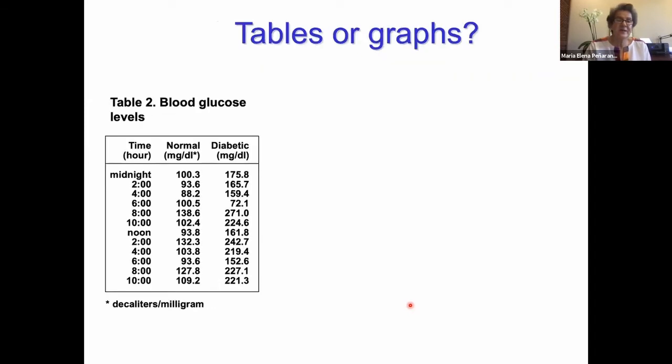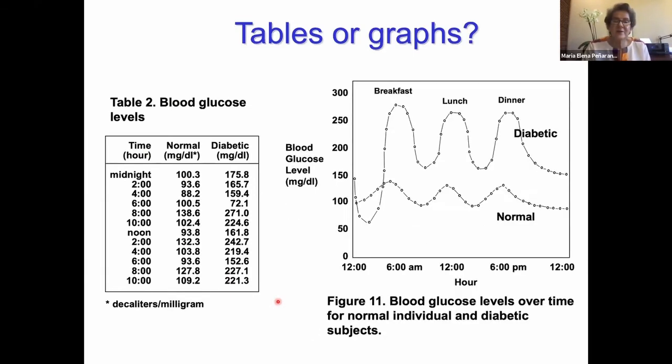So this is a table that has the time the sample was taken, the normal blood glucose levels, and those of a diabetic person. And yeah, it's a nice table, but it's like, yeah, so what is this telling me? So it's better to have a figure, and it's much faster to understand.